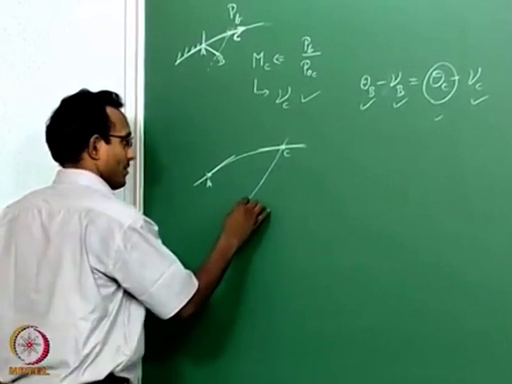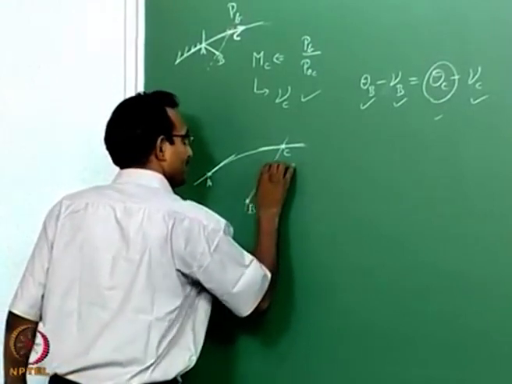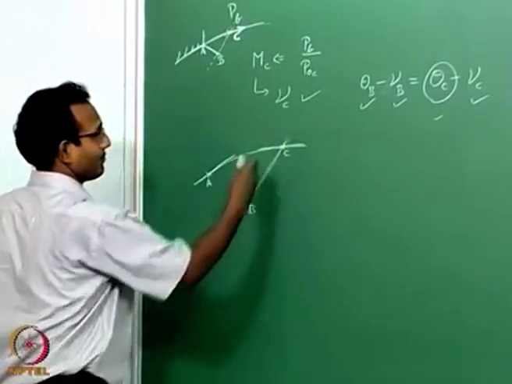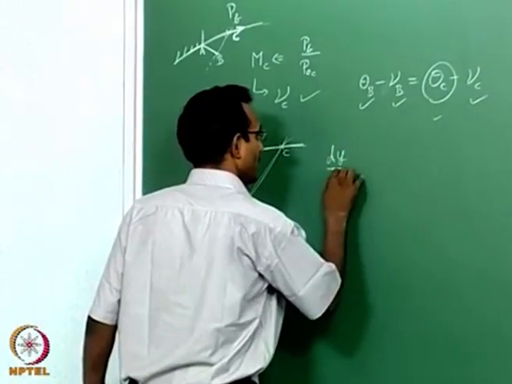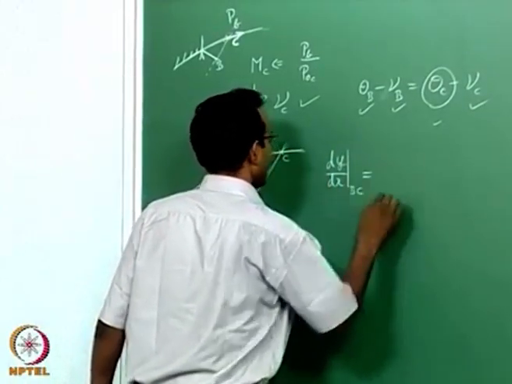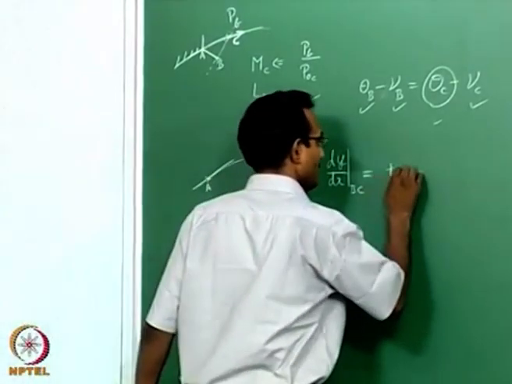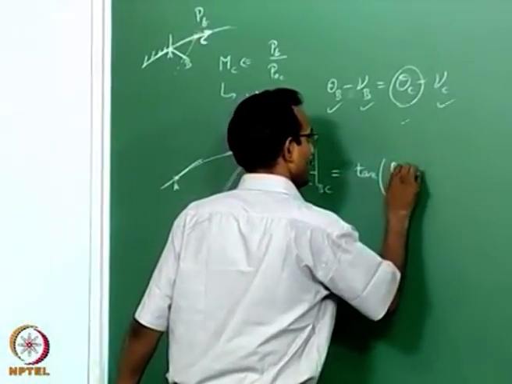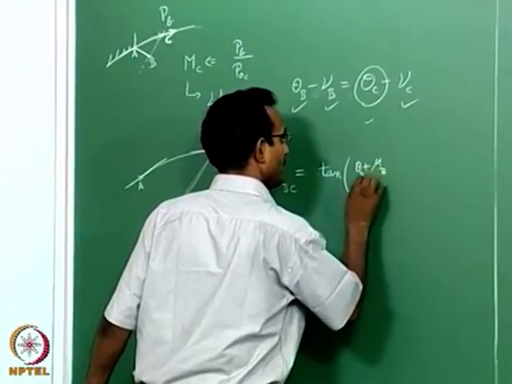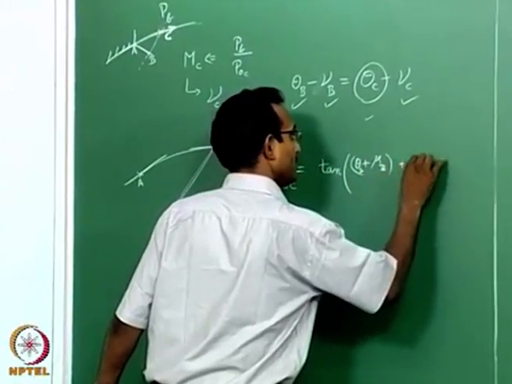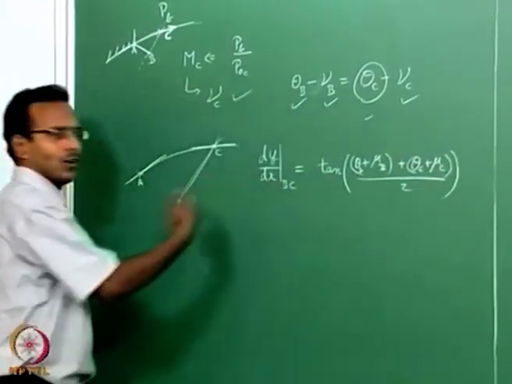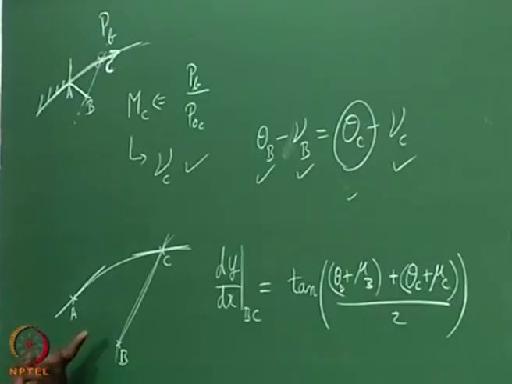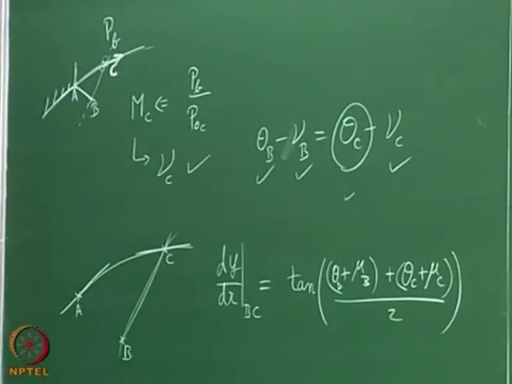Of course, we will start using this also as a curve, the characteristic is also a curve, and then I am going to say dy by dx for the BC line is going to be tan of theta B plus mu B plus theta C plus mu C, whole by 2, similar to what we did before, nothing different. It is the same as the positive characteristic for the interior point, exactly the same thing. Now the other line will be different from this.